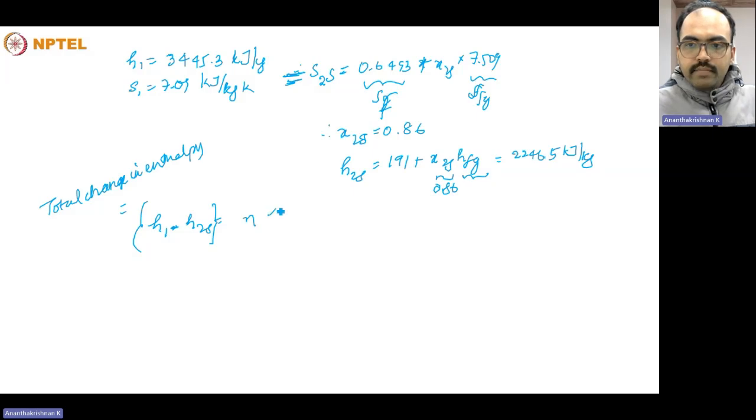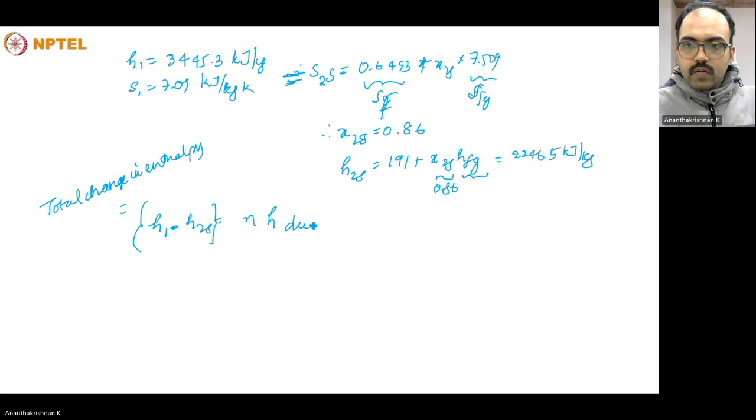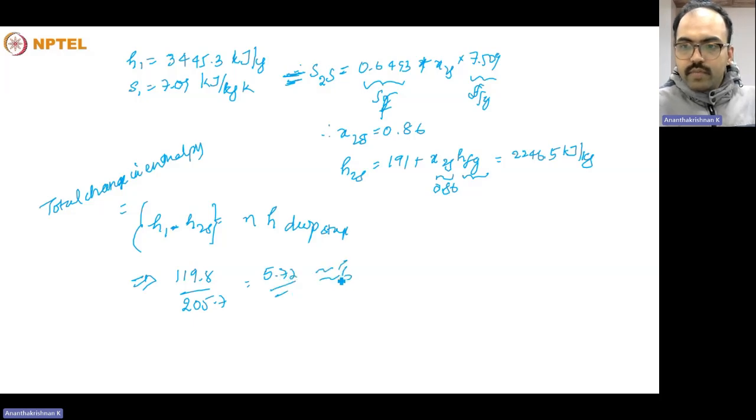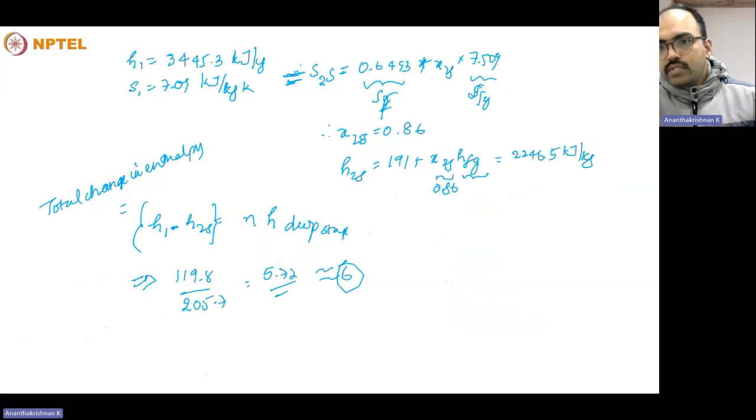That will be equal to n times the enthalpy drop per stage. Therefore, from this we get 1197.8 divided by 209.7 is equal to 5.72. So the number of stages should be equal to 6. So it's a straightforward problem for comparing two different cases: we know the enthalpy, we determine the enthalpy drop per stage and use the total enthalpy to determine the number of stages.